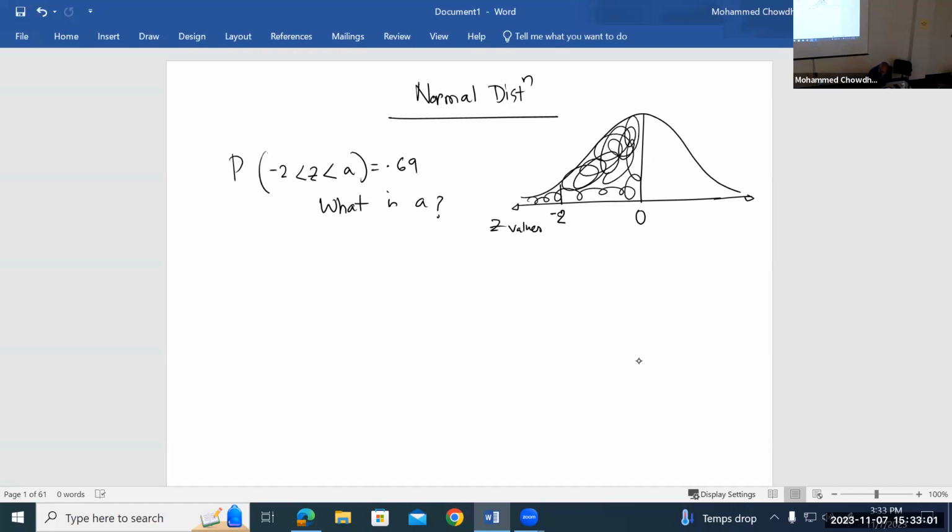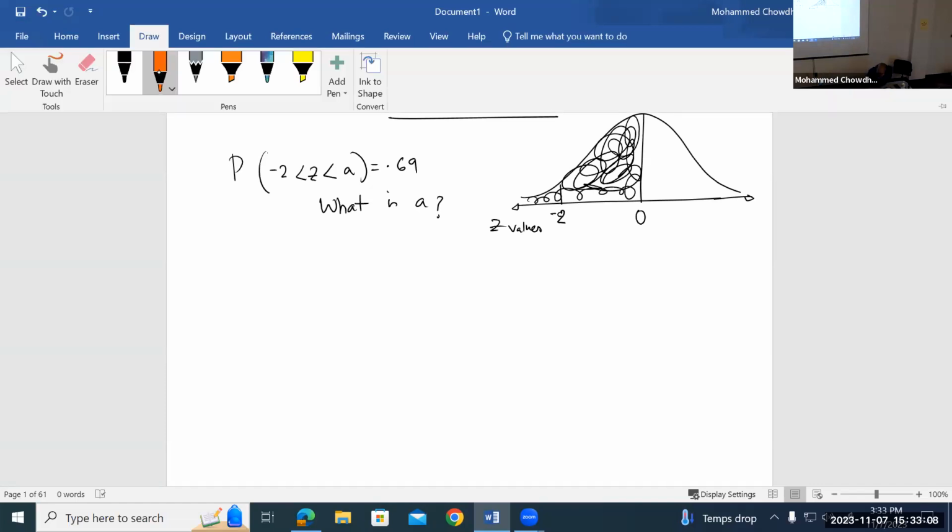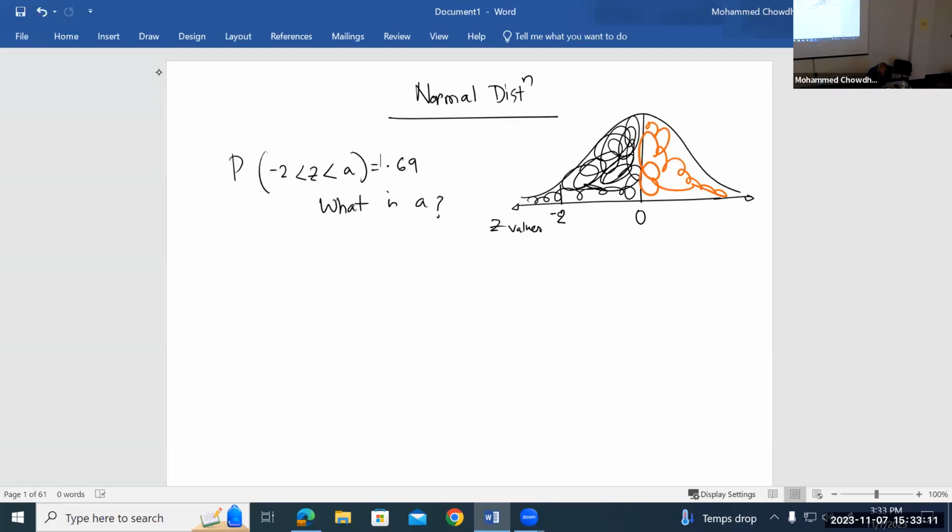That is the rationale. But we have 0.69, which is bigger than 0.5. So it should be over there. We have to draw the figure this way.